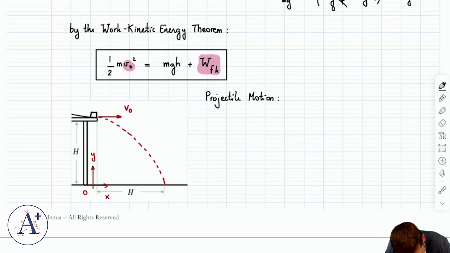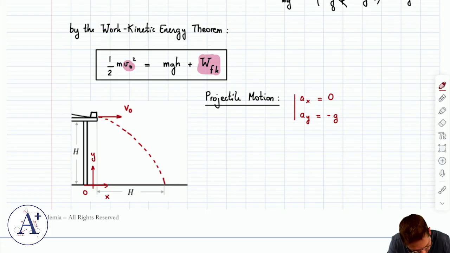Okay, now what are the things I know about projectile motion? Well, I know, for instance, that acceleration along x is going to be 0, and acceleration along y, since I chose up to be positive, is going to be minus g. Okay.